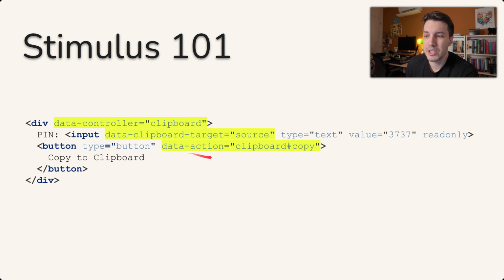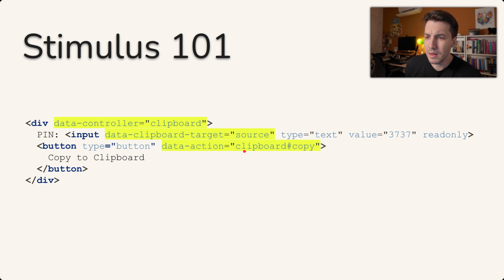And over here we are registering an event listener. What is cool about this data action thing is that we don't have to care about adding or removing the event. As soon as the element enters the DOM, the event listener will be activated and the action will be executed.